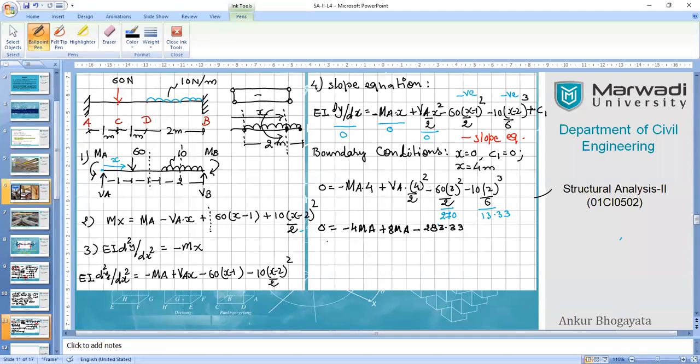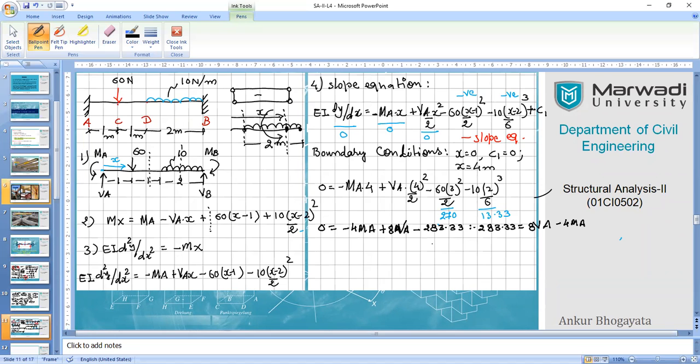Now we are almost ready to rearrange: 283.33 equals 8 times VA minus 4 times MA.